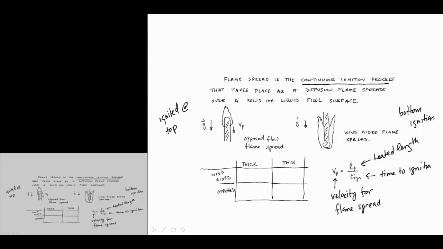And so from a matrix, you can think about, remember, we talked about thick and thin ignition models. And now we add on top of that the possibility of wind-aided or opposed flame spread. So you're going to see that at the end of this, we're going to have these quadrants, and we're going to define what this flame spread velocity is for these different types of samples.